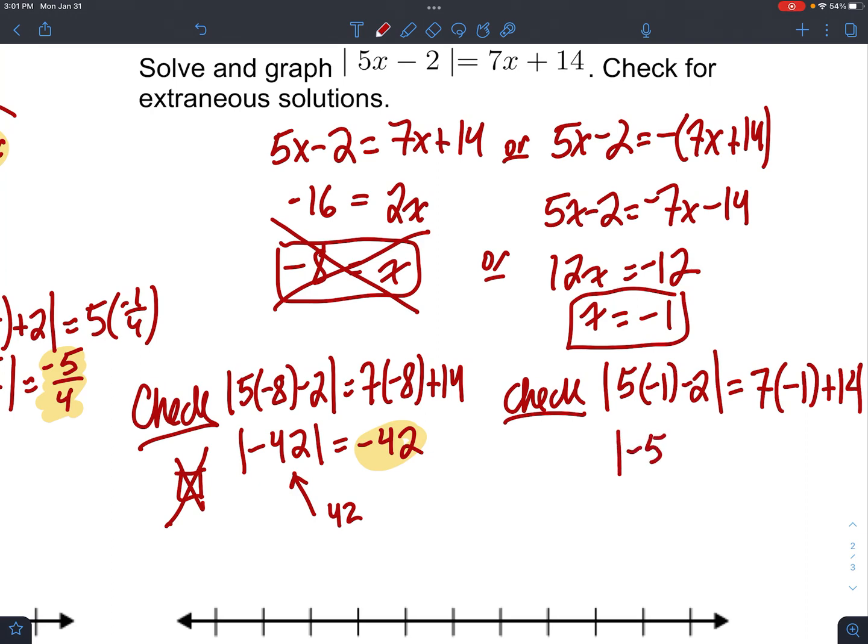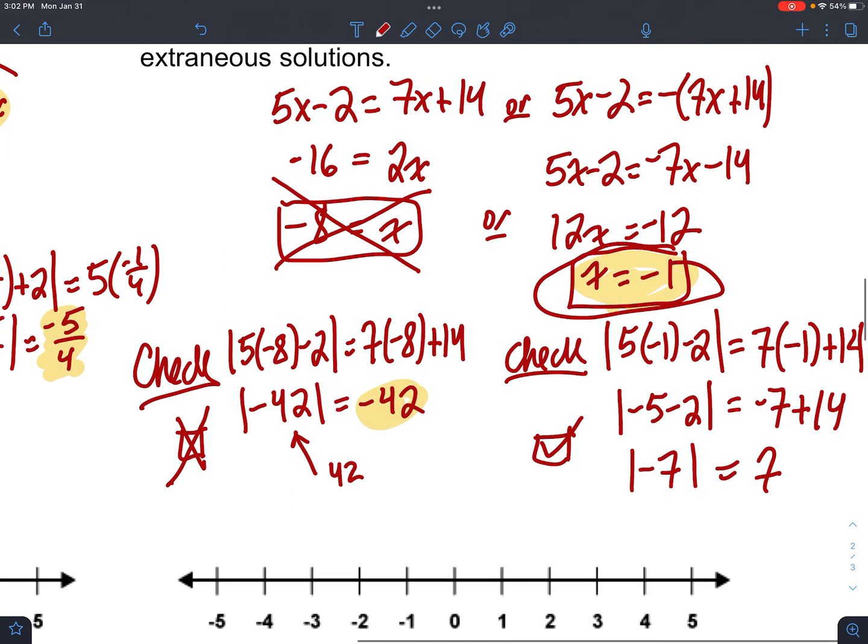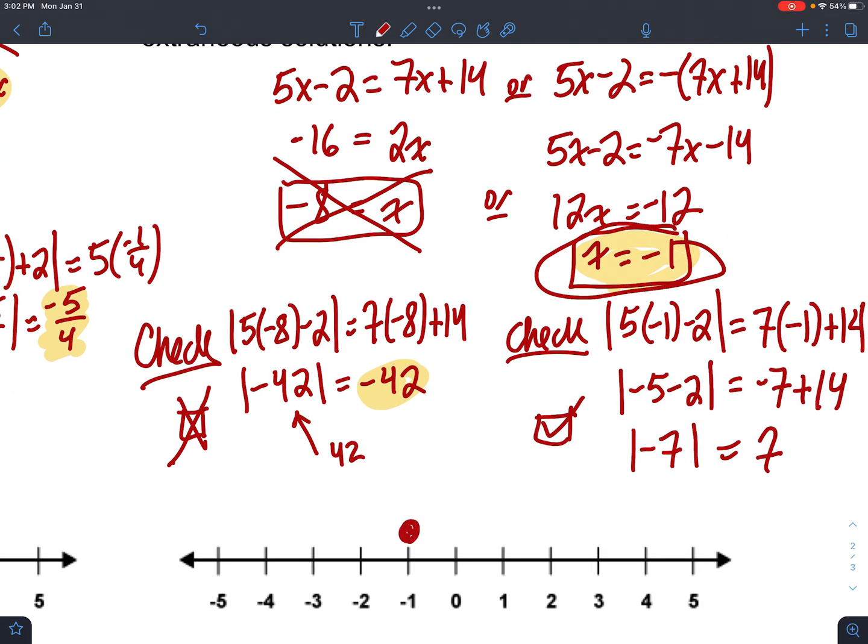It's not on our graph. So this is going to be equal to what? This side is a positive 7, which looks really good because that is a true statement. So this one is our only solution.